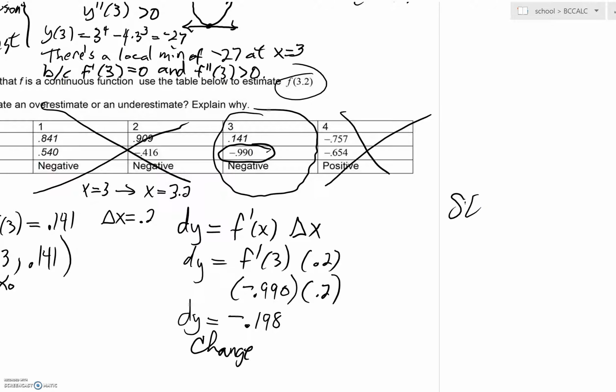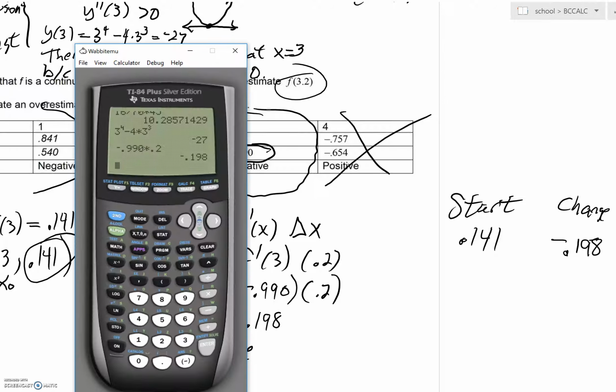We could say, what y value are we starting with? Well, we're starting with 0.141. And then you could think, well, what kind of change just took place? A negative 0.198. So my goodness, we could real quickly just take that negative 0.198 and add 0.141 to it and get negative 0.057.